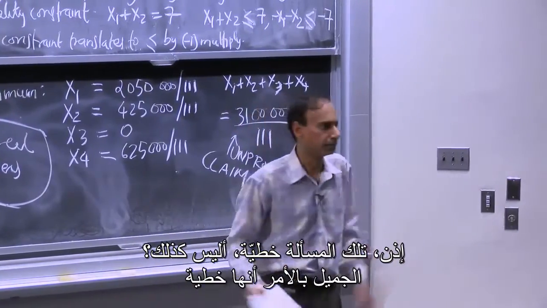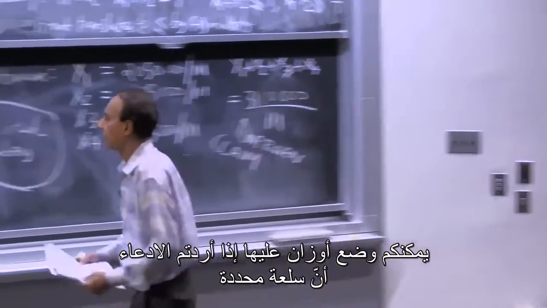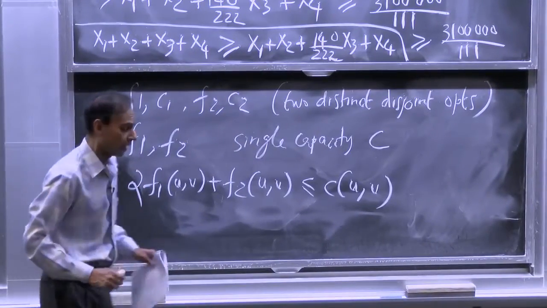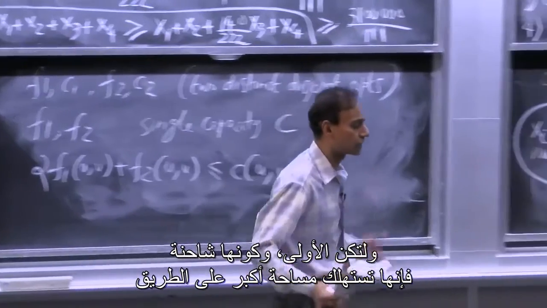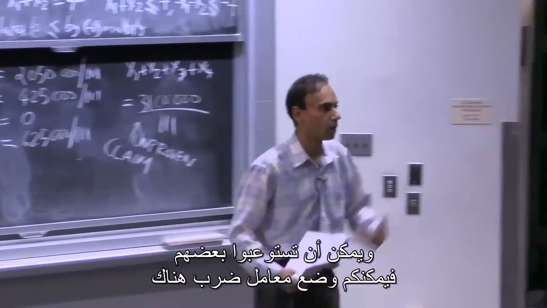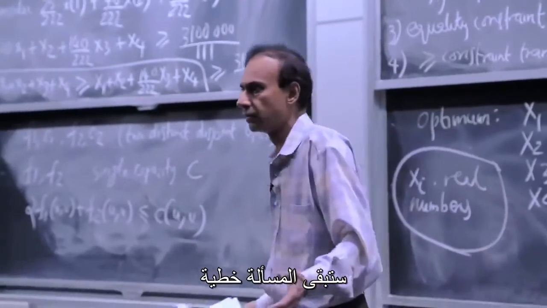So that is linear, right? The nice thing is it's linear. You could put weights on it. If you wanted to claim that a particular commodity, one, uses up more space on the road because it's a truck, and you can accommodate fewer of them, you could put a multiplier in there. Still stays linear, right?